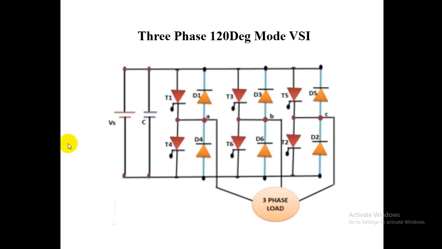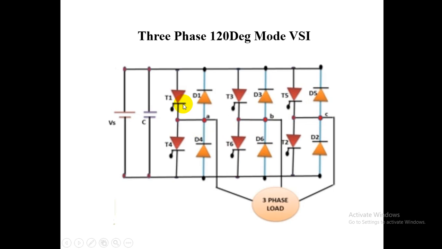T1 and T4 both are connected in series on a particular limb or arm. At the same time, D1, D4 also connected in series; T3, T6, D3, D6, T5, T2, D5, D2 connected in series as shown in the figure.